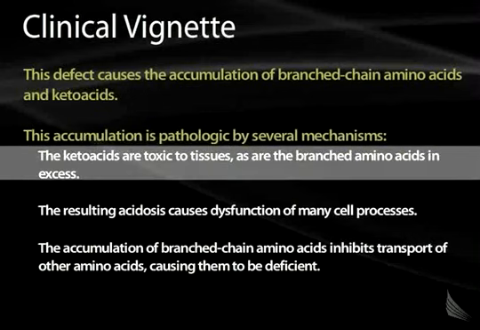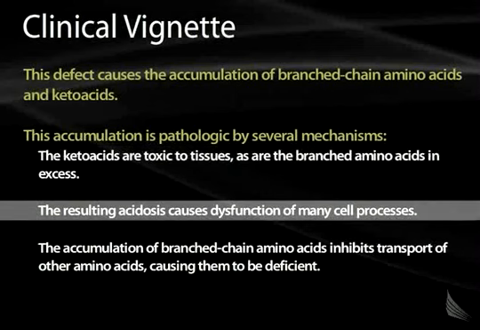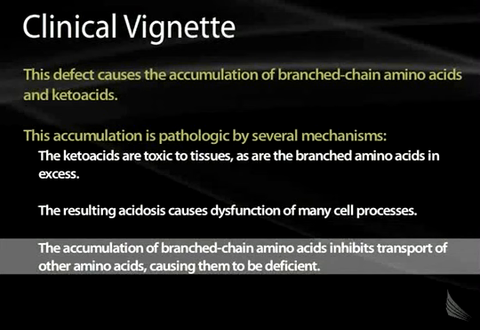One, the ketoacids are toxic to tissues, as are the branched chain amino acids in excess, so it causes tissue damage and cell death. In addition, there's an acidosis which causes dysfunction of many cell processes, just like any acidosis would. So this is a metabolic acidosis. In addition, the accumulation of branched chain amino acids inhibits the transport of other amino acids into cells, so it causes secondary amino acid deficiencies as well.